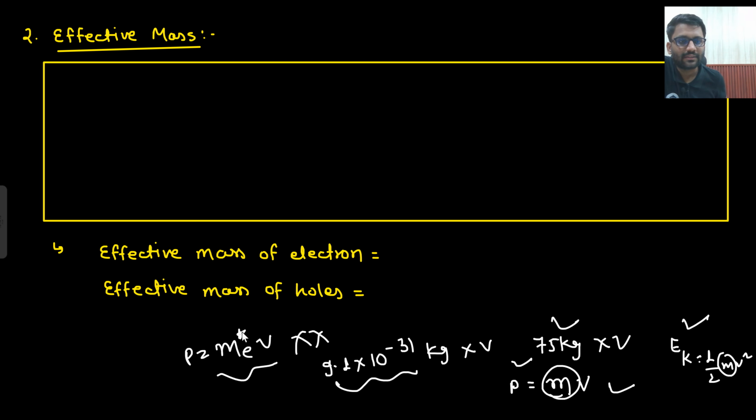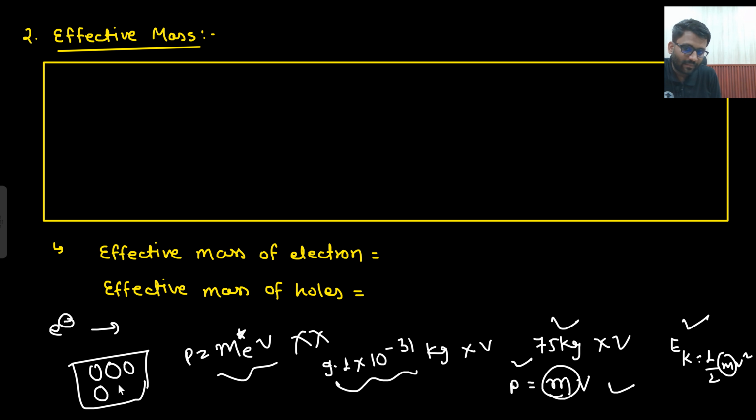Now what is this effective mass? Let's just say one electron is moving freely and another electron is moving in a silicon crystal with respect to the applied electric field. Along with that, there could be some impurity as well. This impurity, if it is a donor impurity, then it will repel the electron.